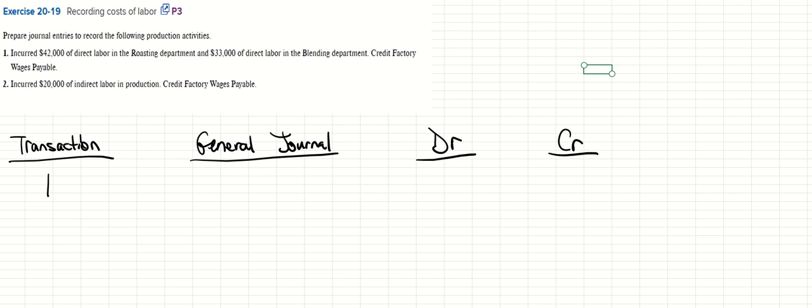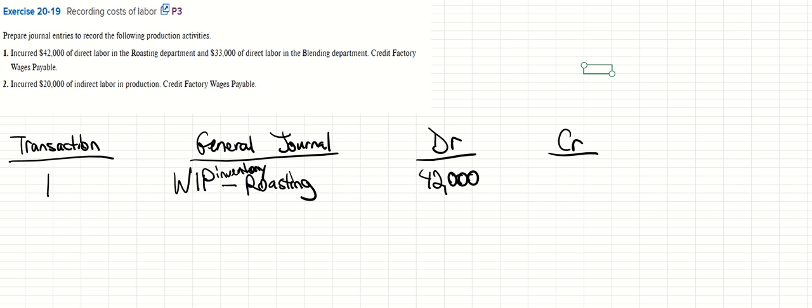Because of that, the debit is going to go to the work in process account. I'm going to abbreviate it as WIP - Roasting for $42,000, and that's going to be an increase in that inventory account, the work in process inventory account.